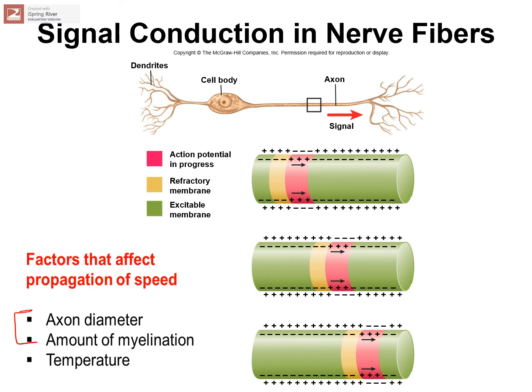So both of these factors increase nerve conduction speed. Temperature, on the other hand, if it's really high, will lead to degradation of the transmembrane protein. If it's really low, it will make the cell inactive. So temperature needs to be optimum for nerve conduction.